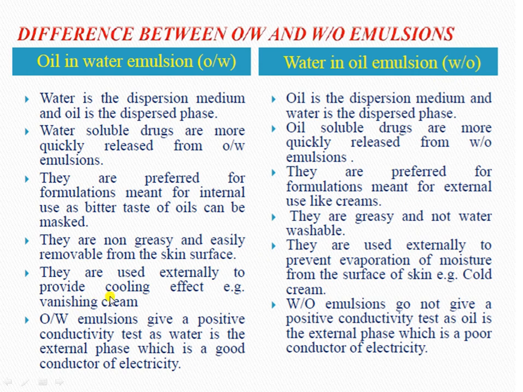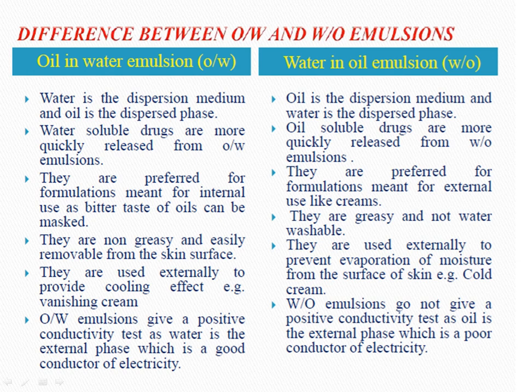Then O/W type of emulsion provides cooling effect and vanishing effect. Then W/O type of emulsion prevents evaporation of moisture from the surface of skin, so they are used in cold creams.